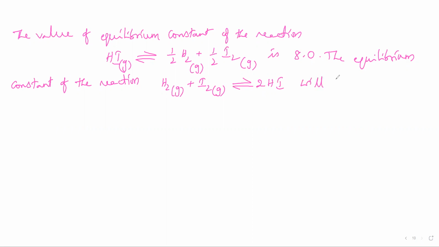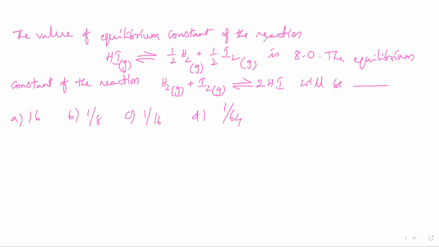So we need to find the equilibrium constant Kc for this equation. Options given are 16, 1 by 8, 1 by 16, and the last option 1 by 64. Now how to solve these questions? I have given you all the information previously.